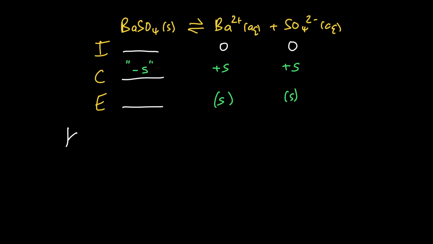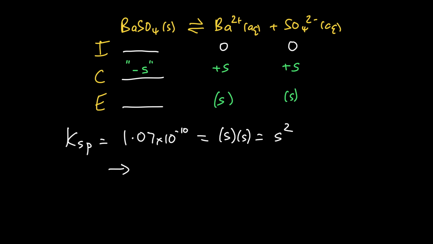All right, we wrote a Ksp. Ksp is the solubility product. We saw it is 1.07 times 10 to the minus 10, and that's equal to the concentration of barium times sulfate. There are no coefficients here, so we don't have to raise it to any powers. And at equilibrium, we've calculated that to be S and another S, so of course that is S squared.